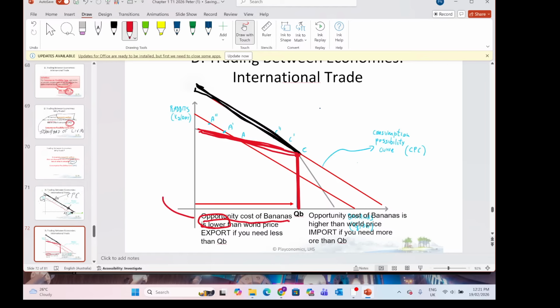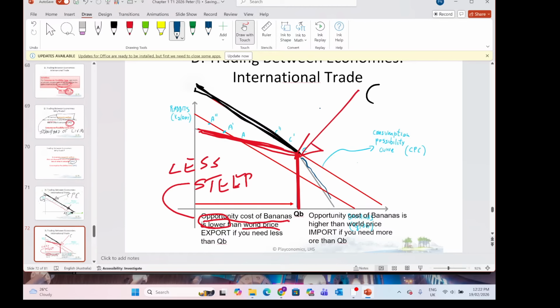In other words, it's less steep. That line represents a lower opportunity cost. It's less steep than the world price out as far as point C. But after we get to point C, the line is now steeper than the world price.